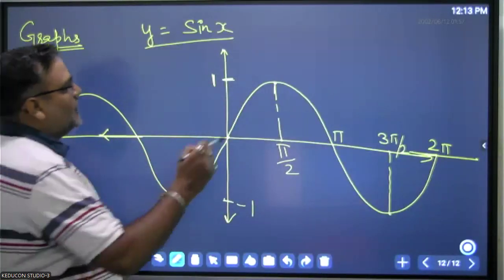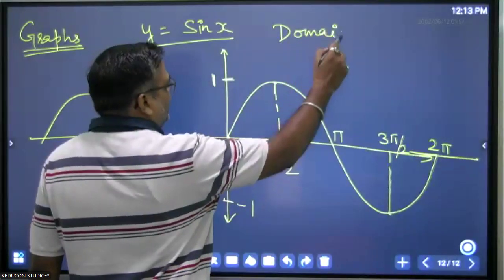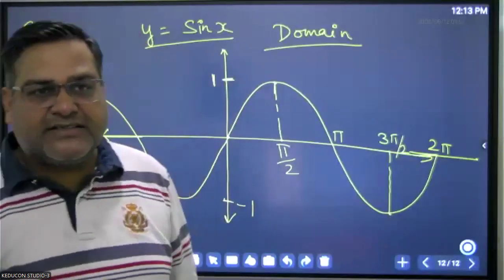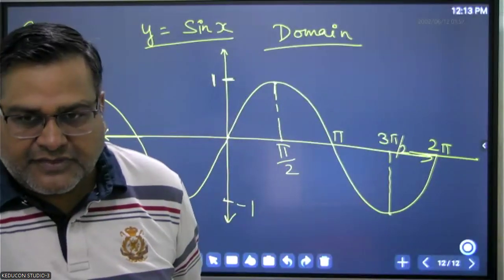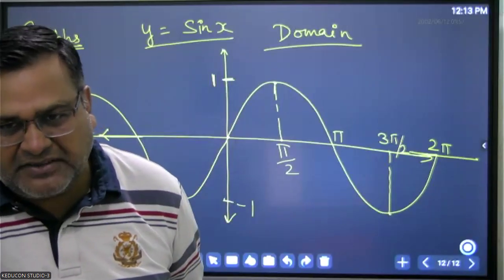Now if I have to ask you what is the domain of this function, who will tell me? What is the domain of this function? Anyone? Please tell me what is the domain.